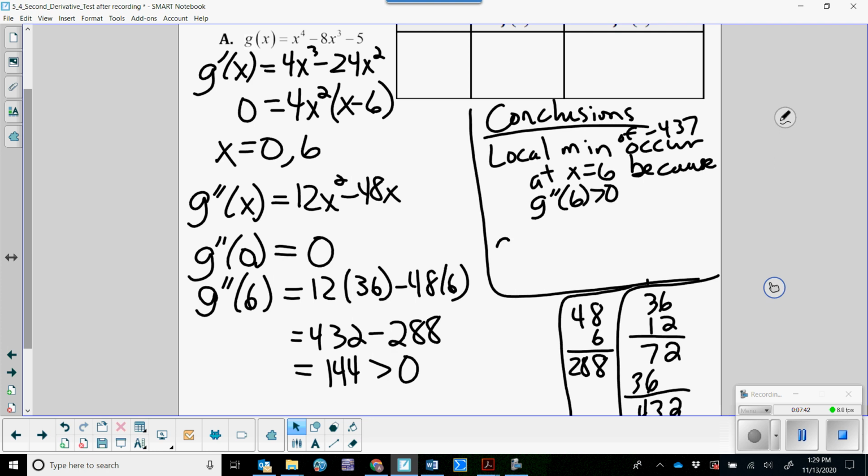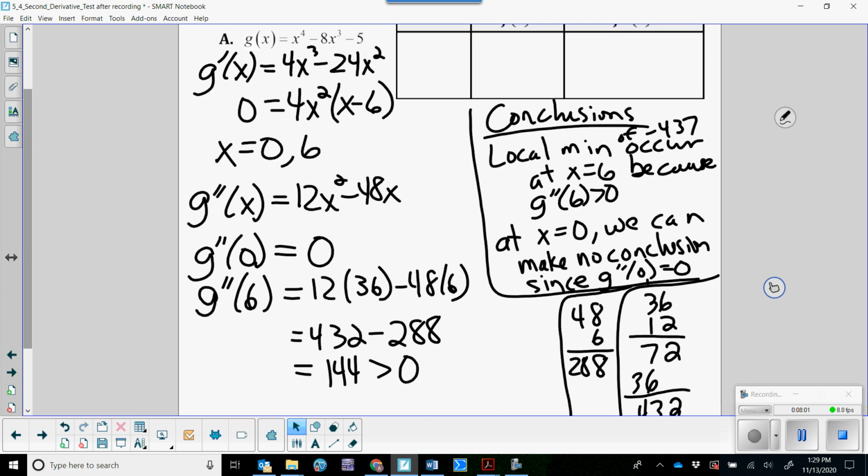At x equals 0, we can make no conclusion. And you could write that for your notes, but you really don't have to say anything. They're not going to ask you that really. Generally, usually it's just that you have to answer the question using this test because that's what you have.